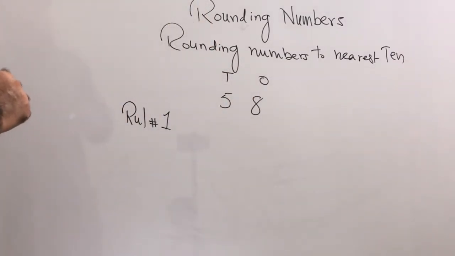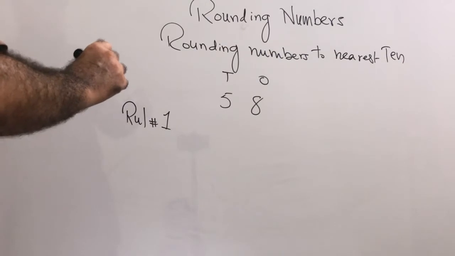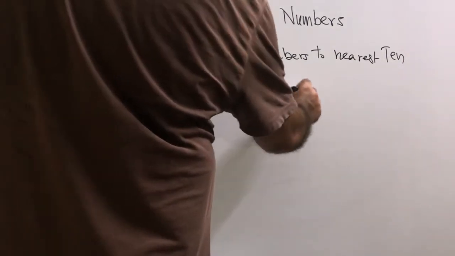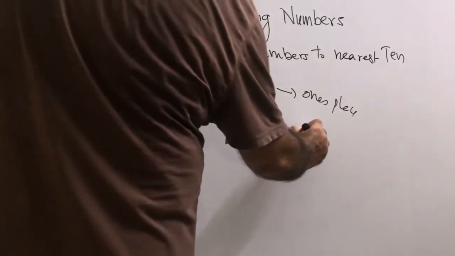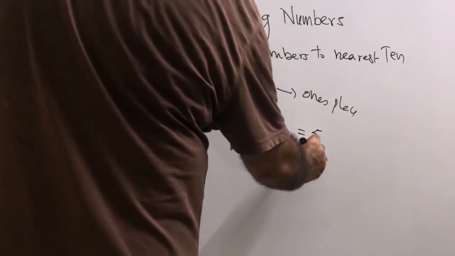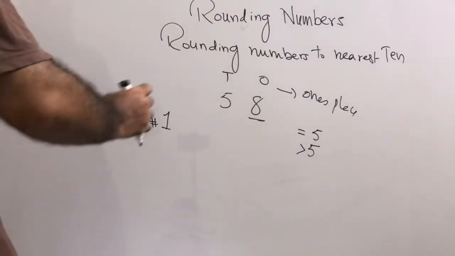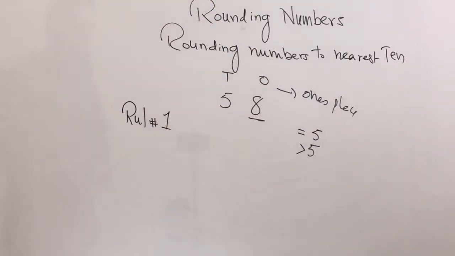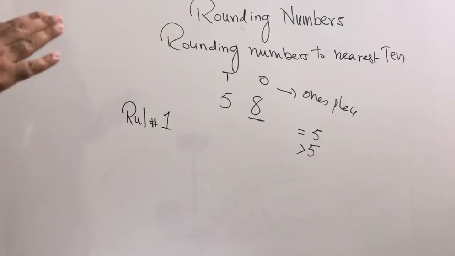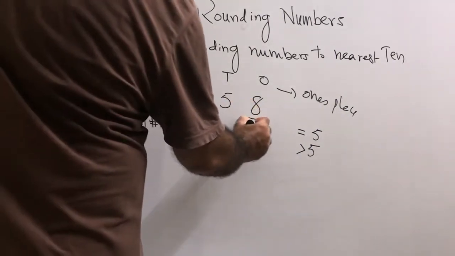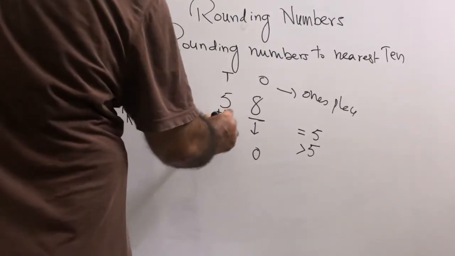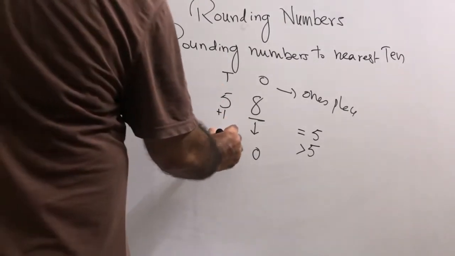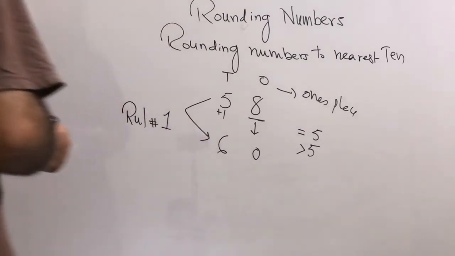Rule number 1 says that if the number at ones place, this one, is equal to 5 or greater than 5, in both the cases what we do is this will be 0 and we will add 1 to tens. 5 plus 1 is 6. So its answer is, after rounding, 60.